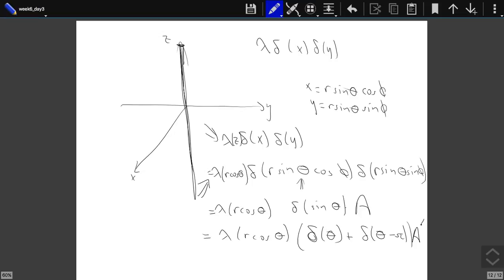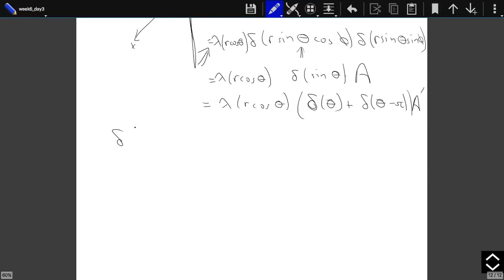When we evaluate an integral over a Dirac delta, shouldn't we substitute for the argument of the Dirac delta in terms of just one variable? You can. Dirac delta has this property.